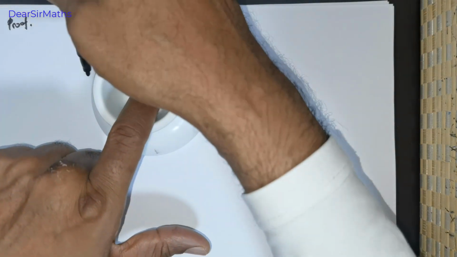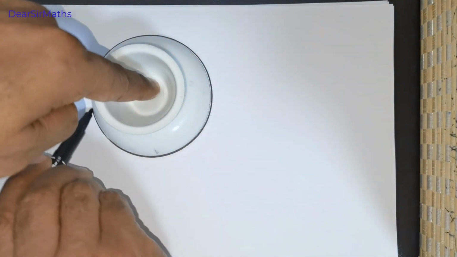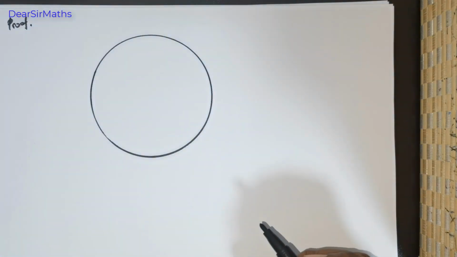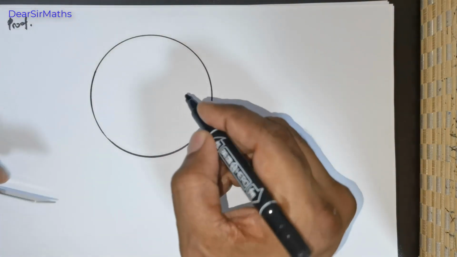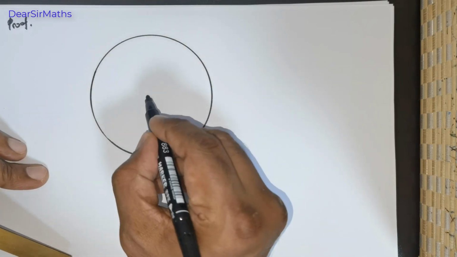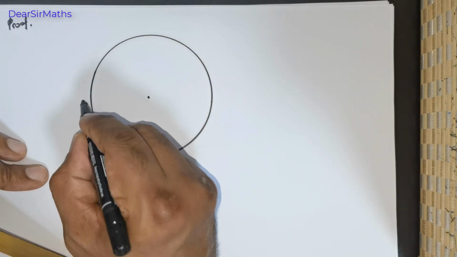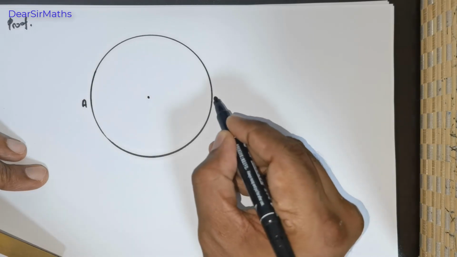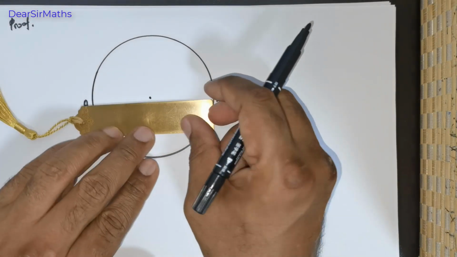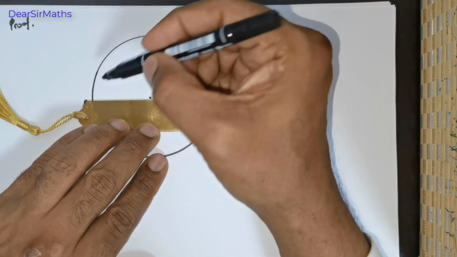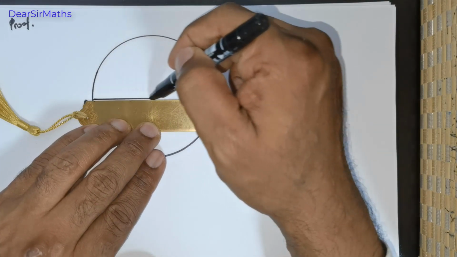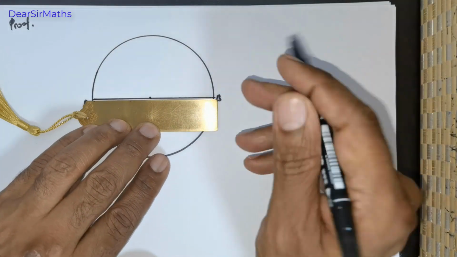So foremost we need a circle, and this is going to be the diameter. So the diameter is drawn.